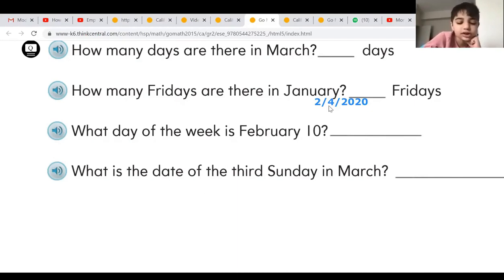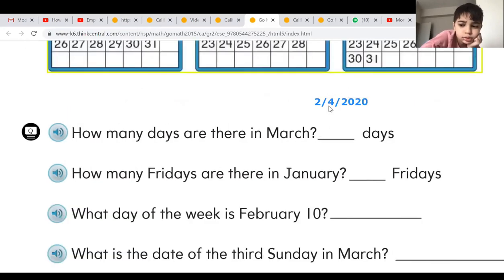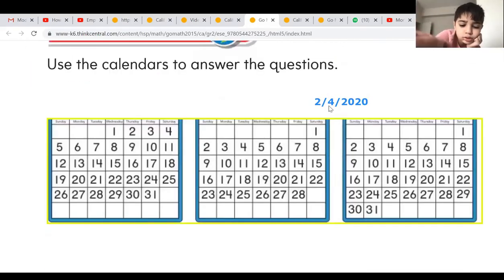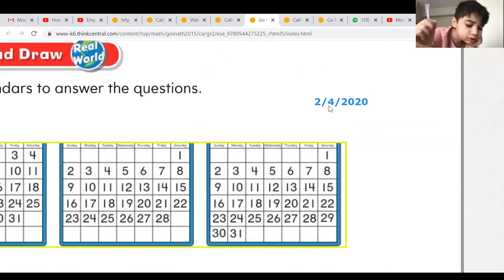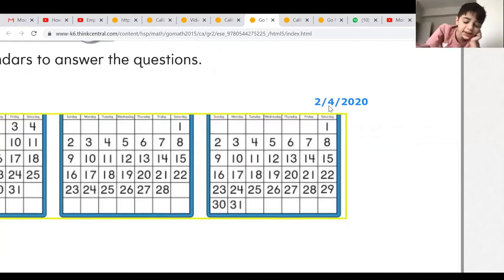Okay, last question. What is the date of the 3rd Sunday in March? So, we will go to March. And then we will go to Sunday here. You all look at Sunday. And we will count until we get to the 3rd Sunday in the month.